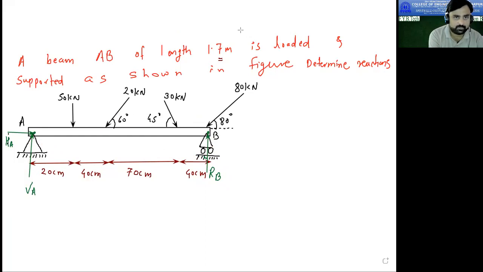Before moving further, I will resolve these inclined forces. So I will draw a simple line diagram for your understanding. This is our beam which is given to us. Here different forces are acting: 50 Newton, 20 Newton, 30 Newton, and here at this point 80 Newton.